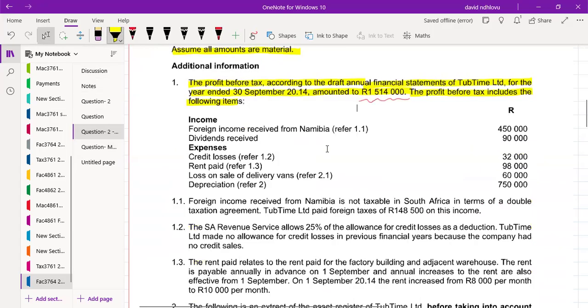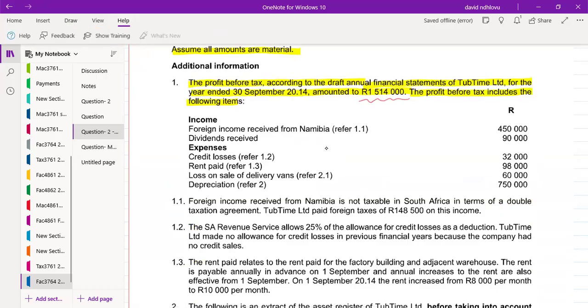In terms of the profit, they included foreign income, which without additional information will be correct. It's always correct to include foreign income in profit. At the same time, there was dividend received. We don't really have a problem with foreign income and dividend received being included in profit.